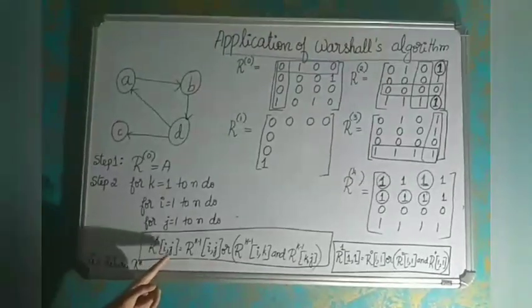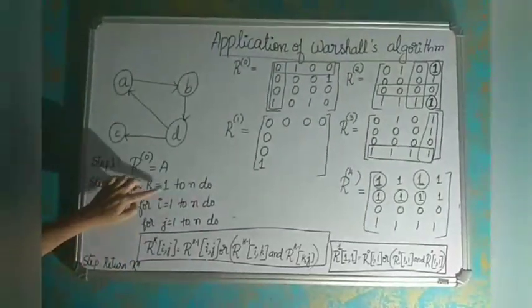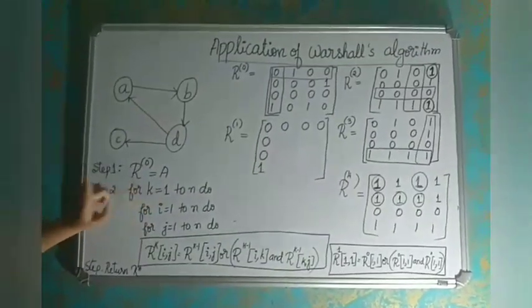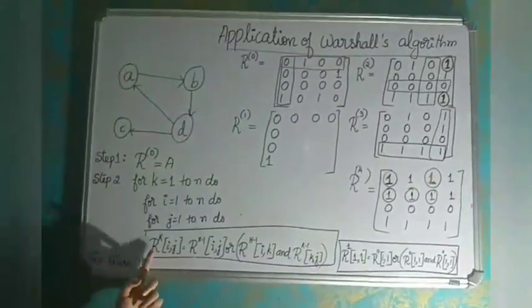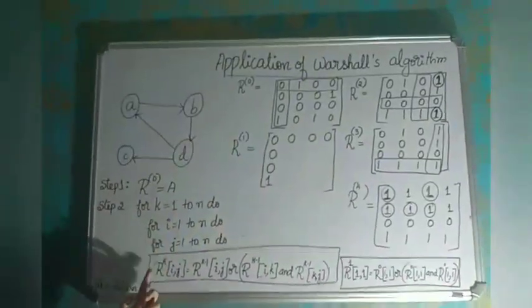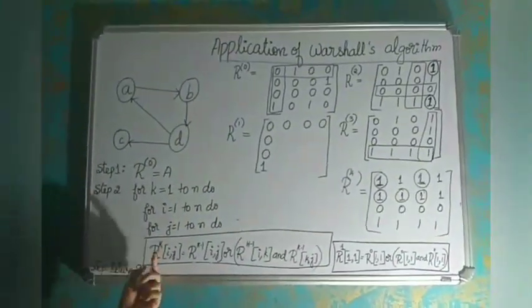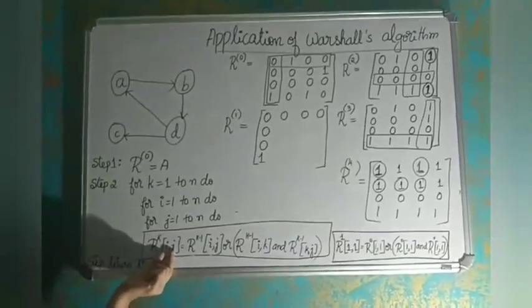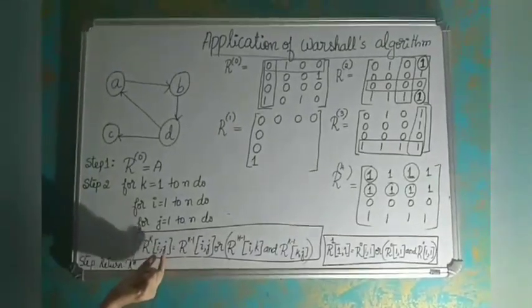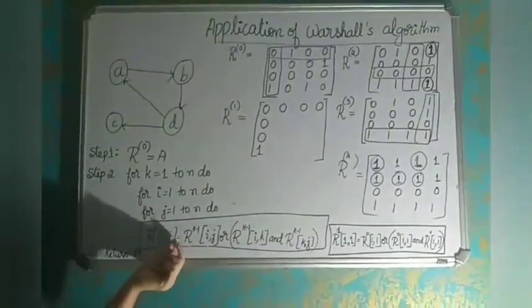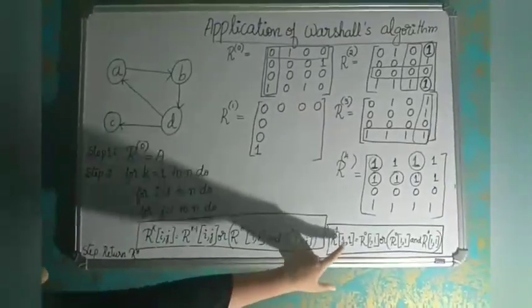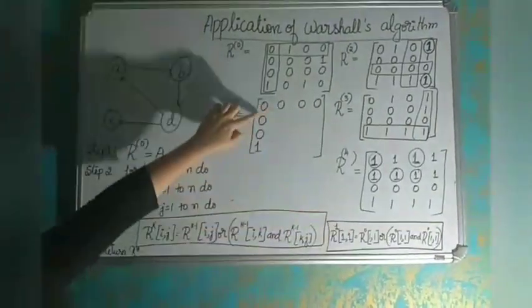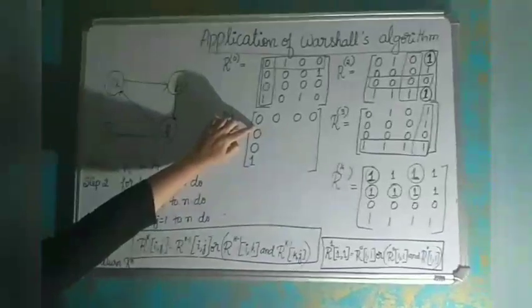R_k(i,j). Now k starts from 1 to n, so the initial value of k is 1. In order to find R1, and this represents the individual element, R_ij is equal to R1 of 1 comma 1, that is the first element.